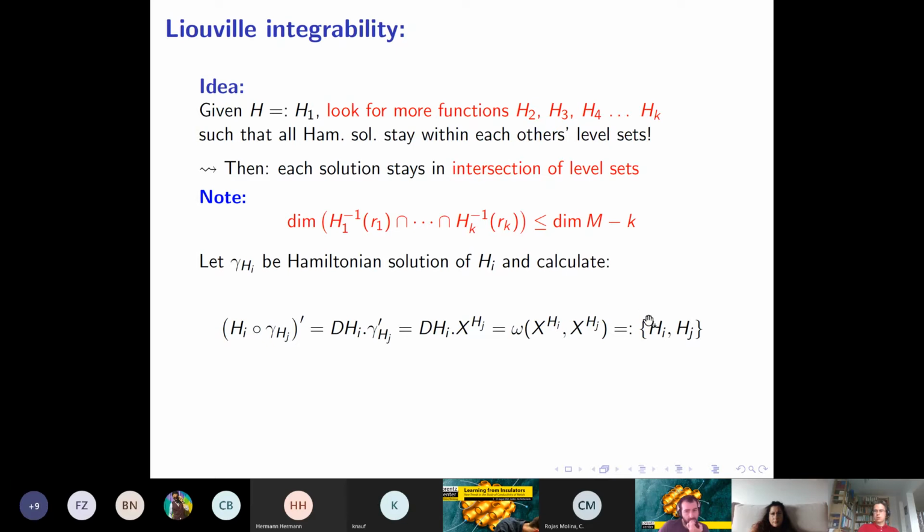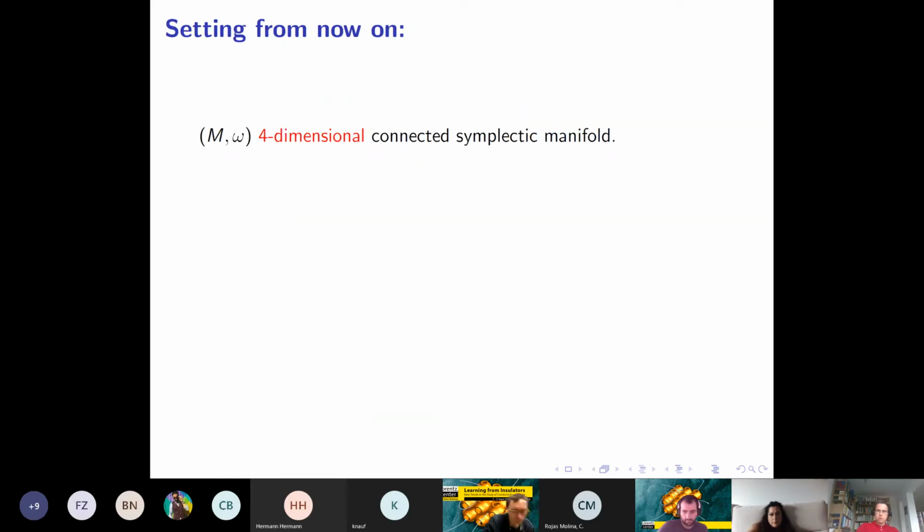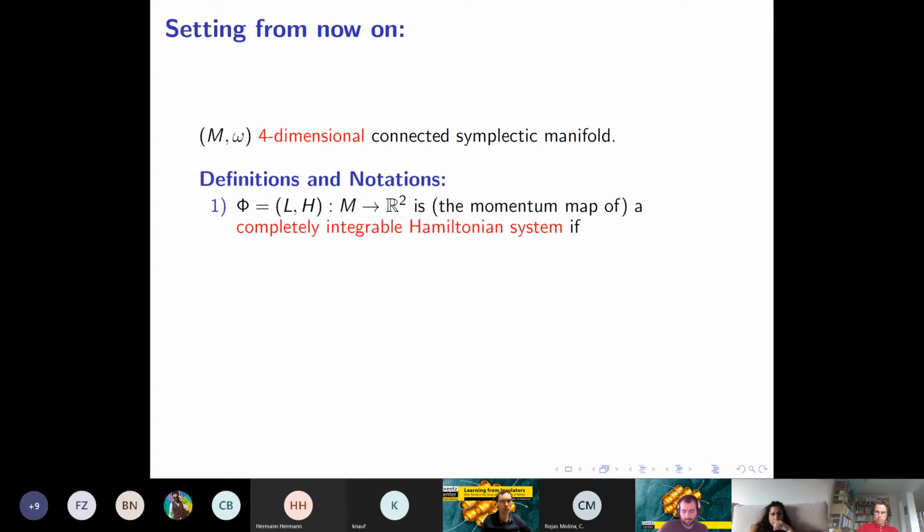And this is usually the standard Poisson bracket then in classical symplectic geometry. Okay, and staying within each other's level sets means then that the Poisson brackets have to vanish. And with that, we are now ready to define integrable systems in a classical way.